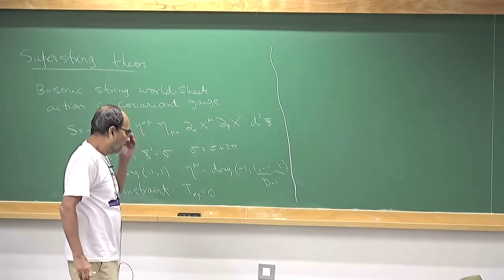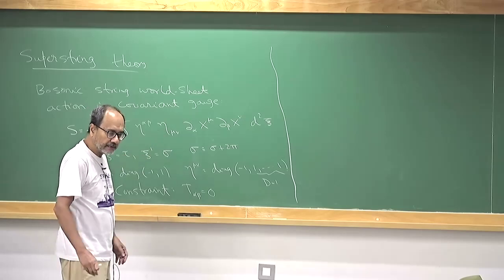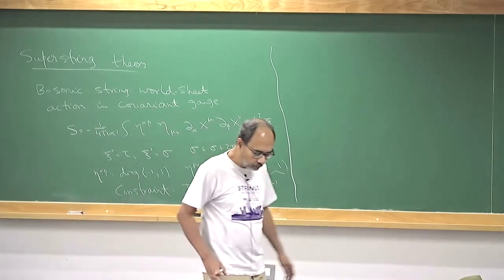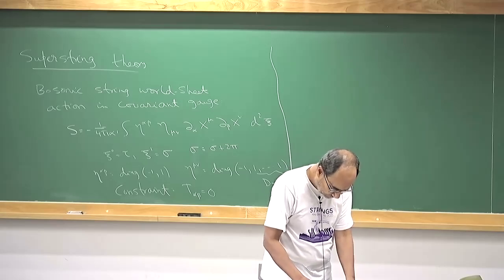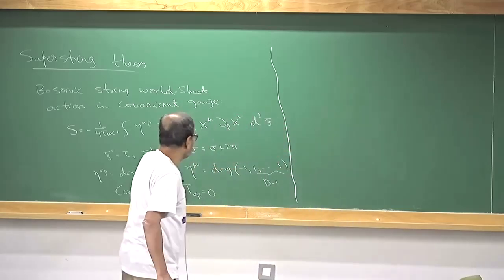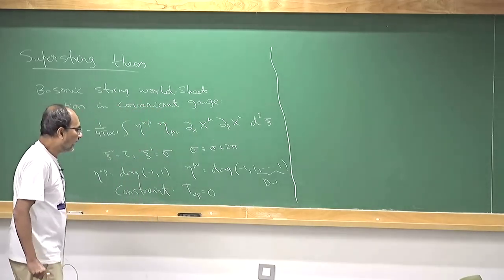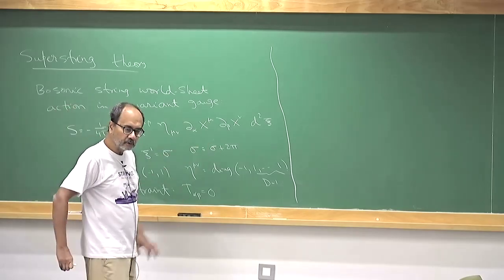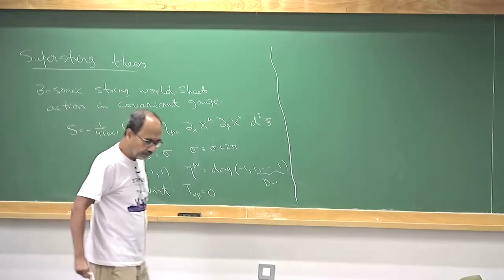Okay. And then we had to go beyond by introducing the ghost associated with the gauge fixing. Okay. So all those we will do later. So for now, we just think of this as some intermediate step in the quantization of bosonic string. Okay. And we are going to generalize this to formulate superstring theory. Then we will go back and see where it came from.